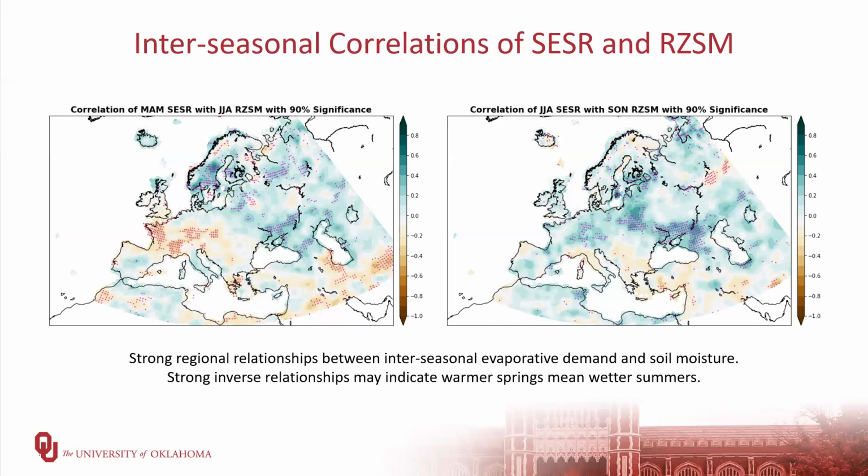Again, we see, particularly in the central part of the continent, areas where elevated levels of evaporative demand have a very strong influence on soil moisture. Because of the strong relationship we established between temperature and evaporative demand, we can possibly infer that those areas would have increased soil sensitivity to increases in temperature and would be more likely to experience a flash drought during these particular seasons.